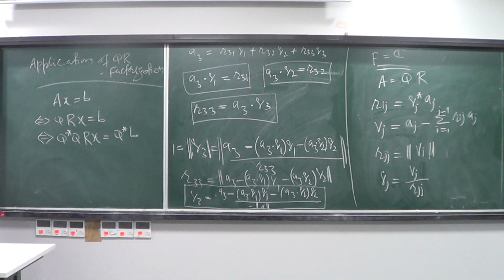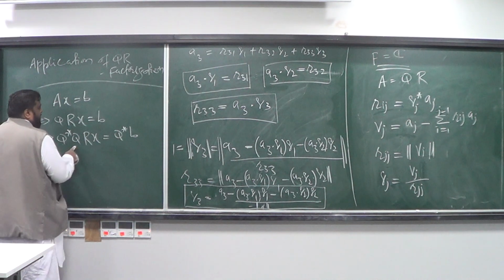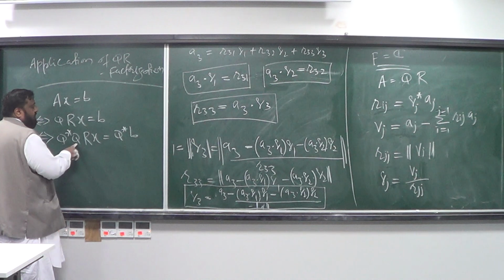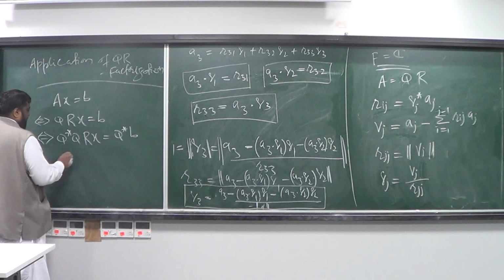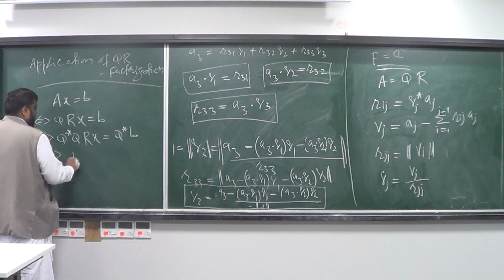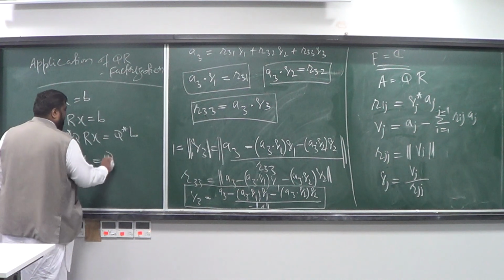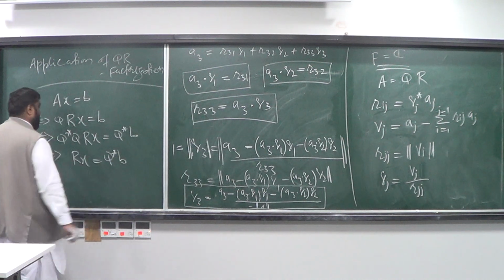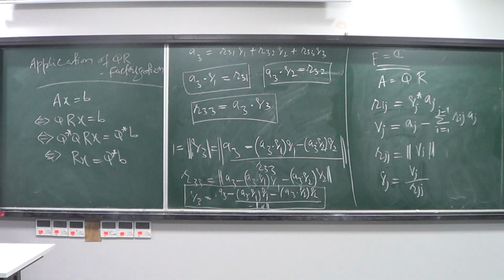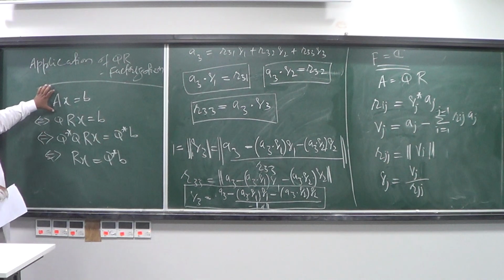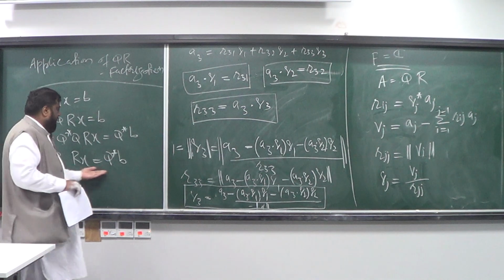Since Q is unitary, Q star times Q is going to be the identity. So you can turn a complicated system of equations into this actually.